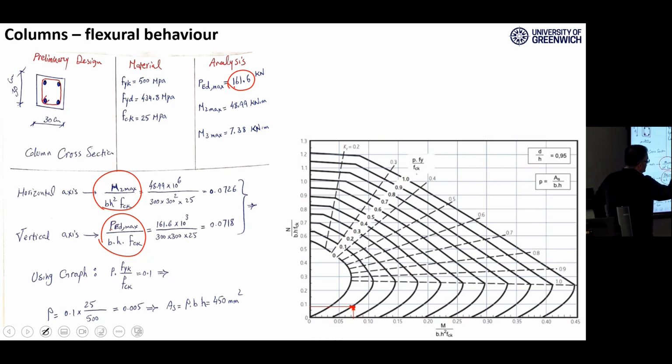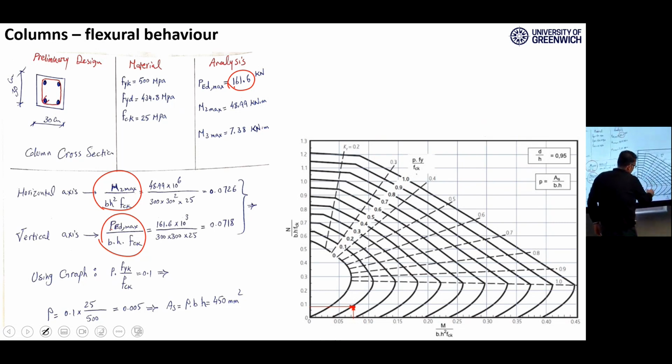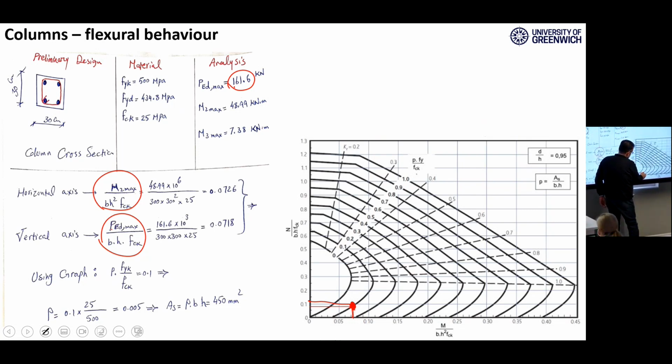With these two values, we can go on this graph and we will go to this part. Okay? Because it's coming from M, it's coming from the axial force. When you're coming from here, this point is somehow on this curve. This curve is 0.1 in terms of this value.